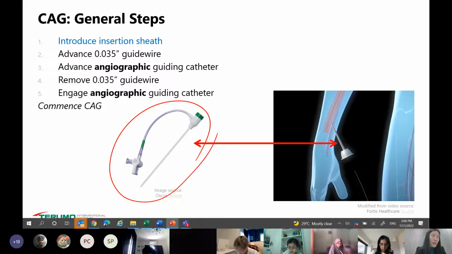It's there to allow other devices to be inserted and advanced through the puncture site. So with this short tube here, the guide wire can then go in, the catheter can then go in. There's this valve which will stop blood from flowing out. It allows devices to be pushed in, but the blood cannot flow back out. So the patient will not keep bleeding throughout the procedure.